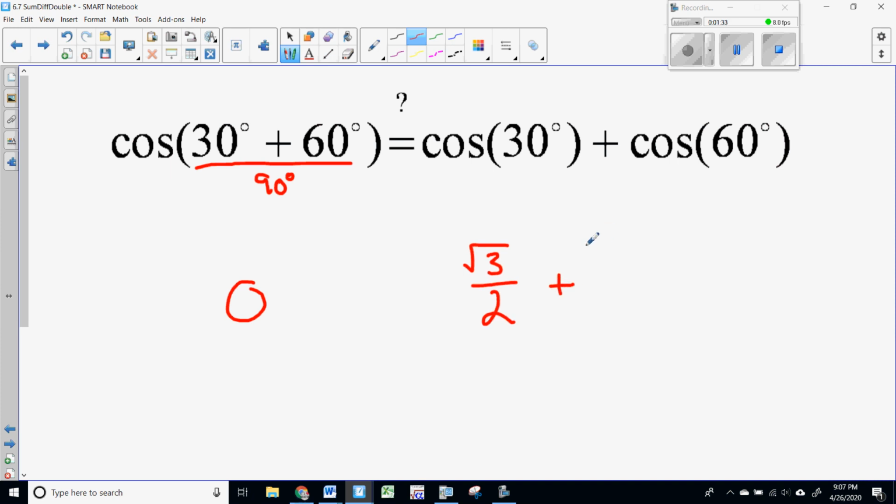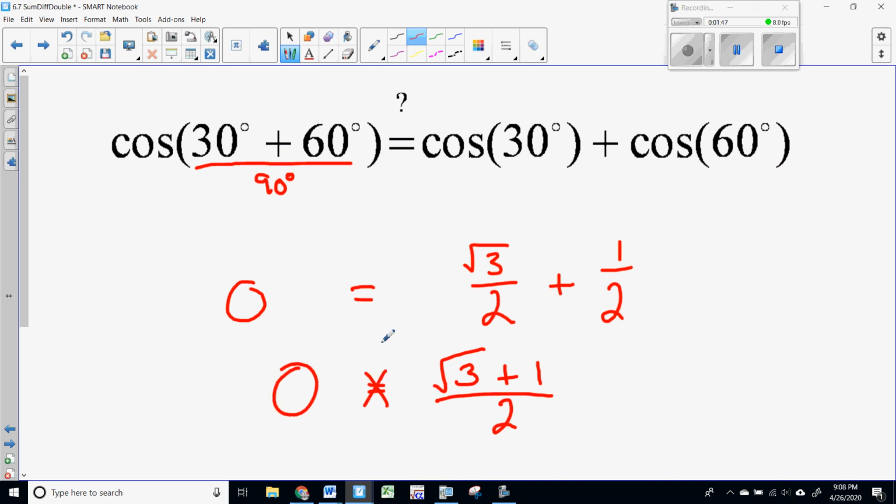And cosine of 60 is the x-coordinate of 60, which is 1/2. So we get square root of 3 plus 1 over 2, which does not equal 0. So these are not equal. We cannot take this cosine and just split it into two.